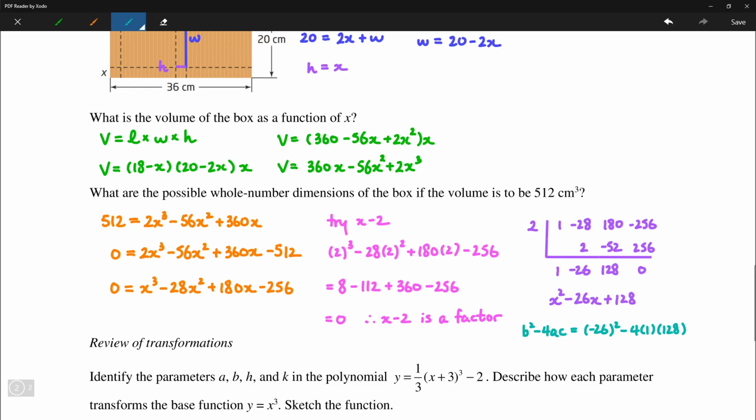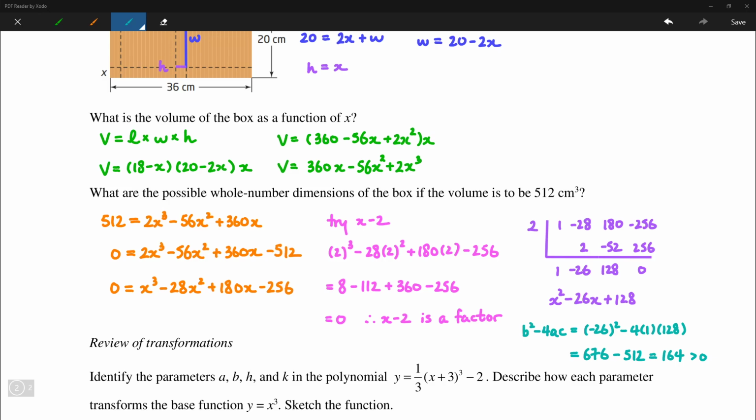So unlike the previous example, 26 squared is 676. And if we subtract 4 times 128 from that, so if we subtract 512, we get 164, which is greater than 0. Okay, so that means there are other solutions for x that are possible.